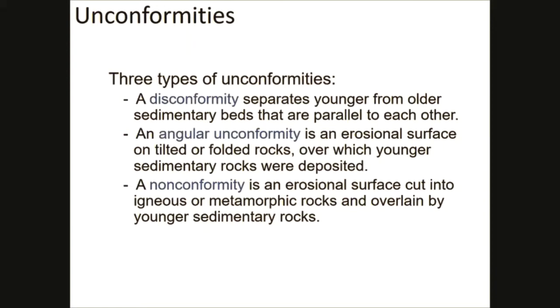So I like to say with this slide, there are 3 types of unconformities, and there's a lot of text on this slide. We can go through the definition of each of these one by one, but the 3 types of unconformities are disconformities, angular unconformities, and nonconformities. So first we're looking at disconformity.